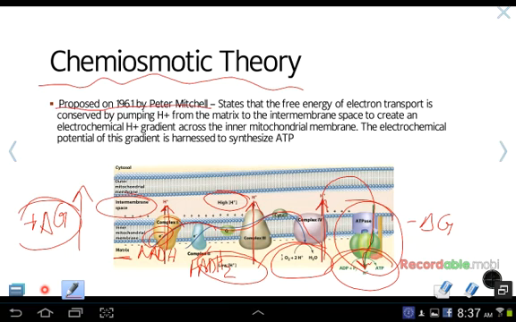So just to re-summarize, this theory states that the free energy of electron transport is conserved by pumping protons from the matrix to the intermembrane space in order to create an electrochemical proton gradient. The electrochemical potential of this gradient is what is harnessed in order to synthesize ATP.